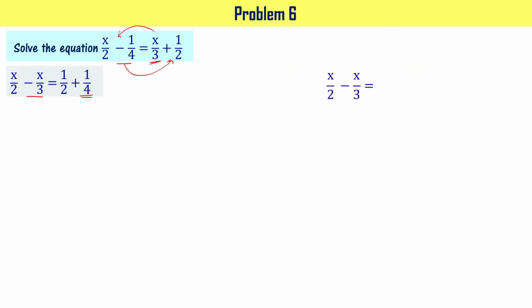To do that, let me take the LCM of 2 and 3. We know the LCM of 2 and 3 is 6, right? If you divide 6 by 2, you get 3. It means now I have to multiply x with 3, so I am writing it as 3x, right?